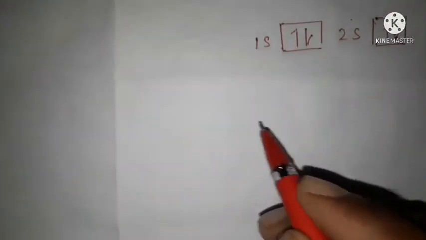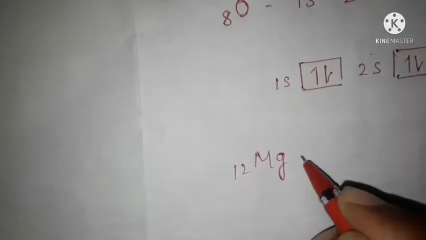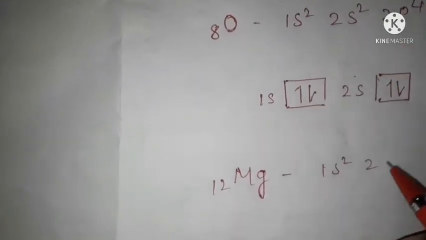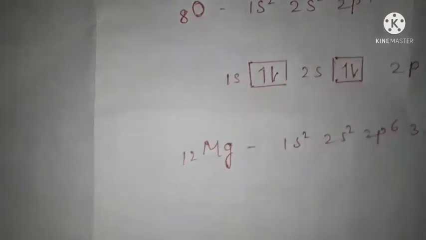We take another example, magnesium, 12: 1s2, 2s2, 2p6, 3s2.